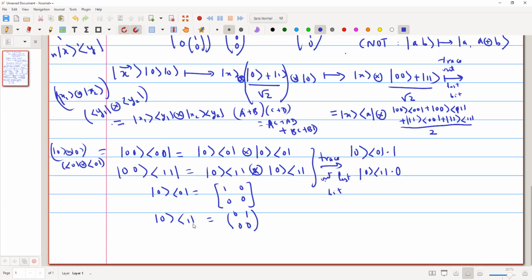The second standard basis vector is going to the first standard basis vector. So I have a 1 0 out here. And bra 1 times ket 0 is 0, so the first standard basis vector is going to the all 0 vector. So now you can see that the trace of this matrix is 1, the trace of this matrix is 0. And that's exactly what I came up with out here.